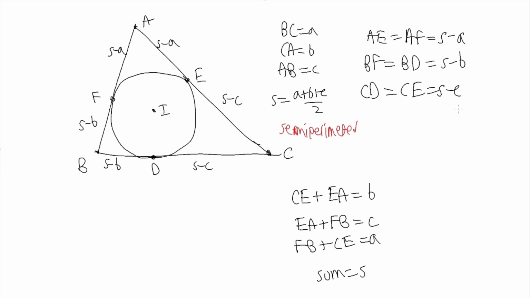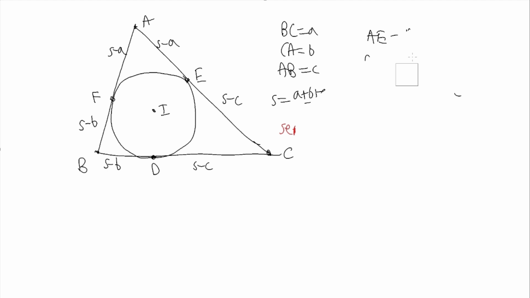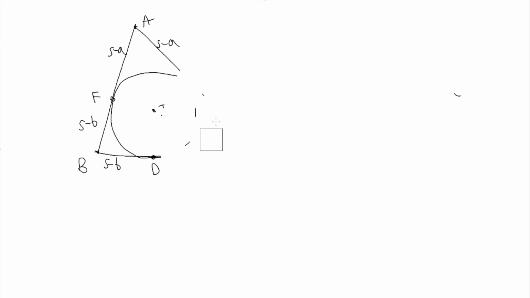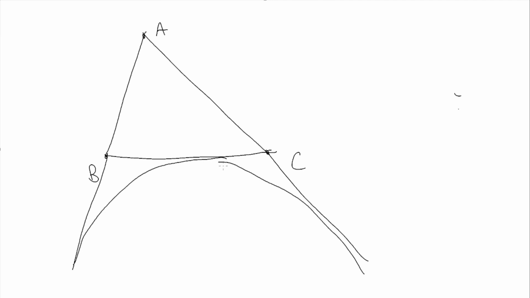All right, so let's take a step back and look at the excircle now. So if I construct the triangle ABC again, I had to erase it because I wanted to look at the excircle now. So now we have our excircle. And suppose that its tangency points are at these new points, which are D prime, E prime, and F prime.